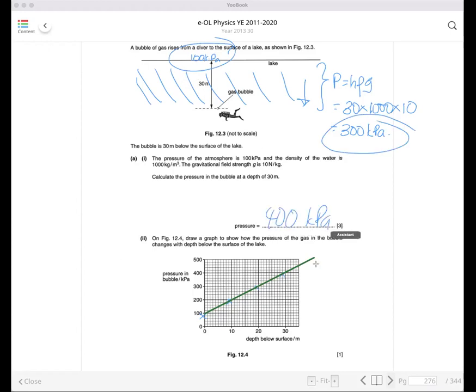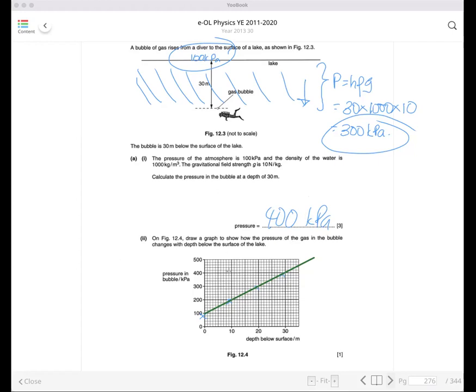So when you are 30 meters below the water, your body will be under immense pressure of 400 kilopascal, which is 4 times as much pressure compared to at sea level. Can you imagine our ocean can be as deep as 9 kilometers deep? Just 30 meters, you're already subjected to 4 times the pressure of the sea level.